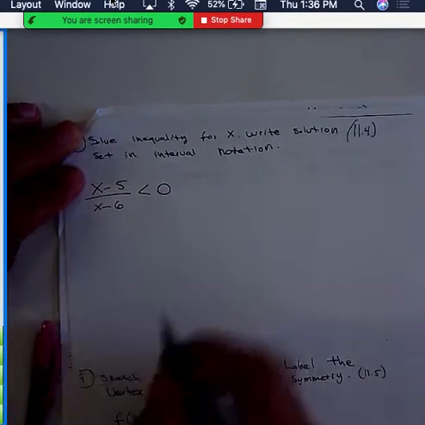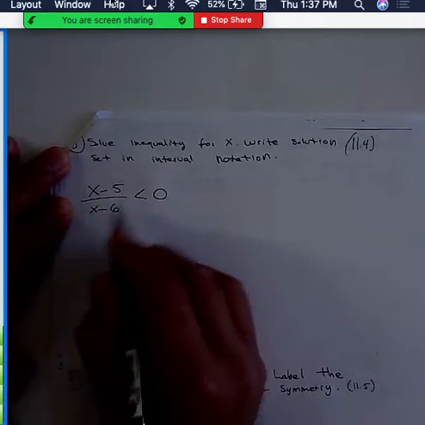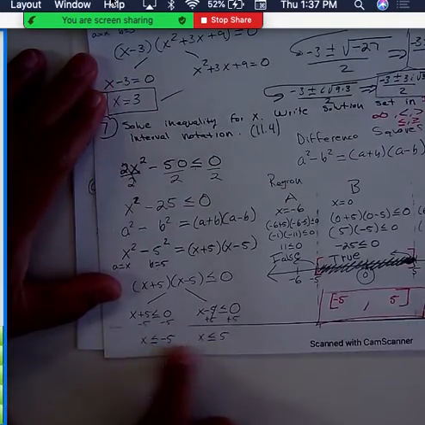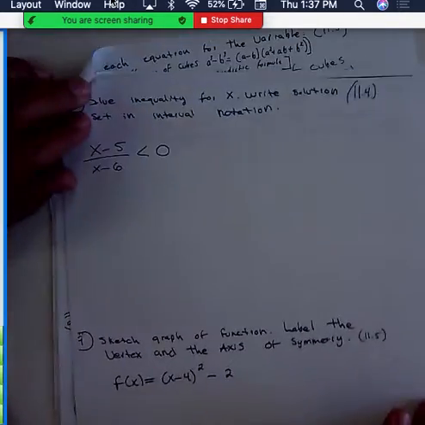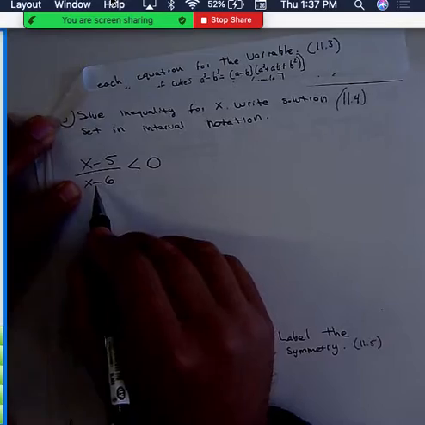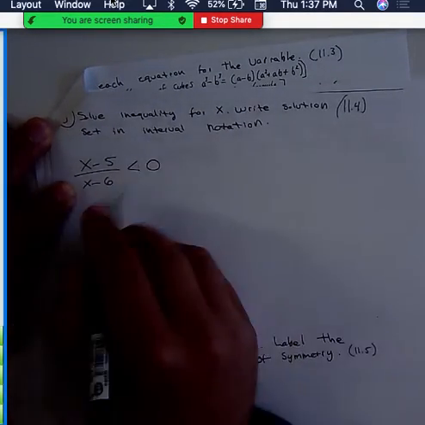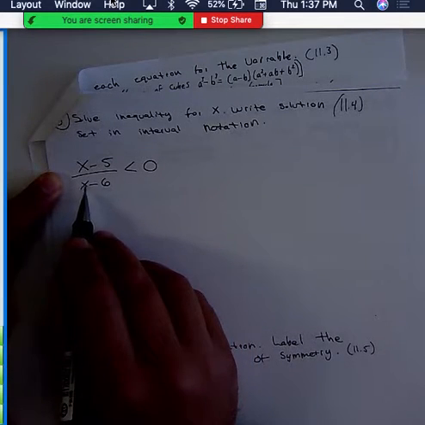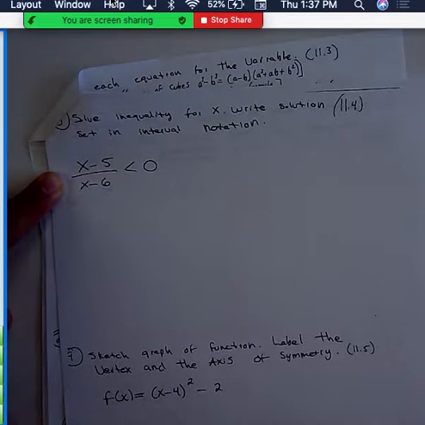It's taking too long. So this one is again the same, but now it's a fraction here. So we need to find these two values, the numbers that divide the regions. When you see a fraction, it's actually easier than the other one. To find those numbers, the first thing you need to think is what numbers make the denominator a zero, because denominators cannot be zero, since that would make the fraction undefined.